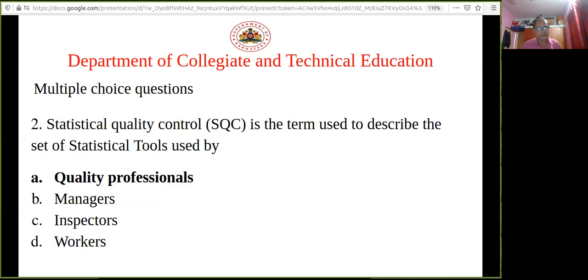When you take option C, inspectors, there are different kinds of inspectors. If it had been specified as quality control inspector, then that option would have become the right answer. But these tools are used only by quality professionals, not by the manager, the inspector, or the worker. So the right answer for question number 2 is quality professionals.